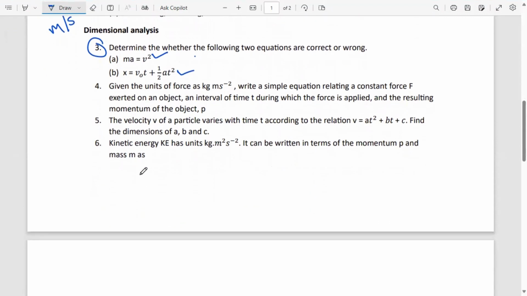Okay, so question 4 is saying, given the units of force as kg meter per second squared, write a simple equation relating a constant force F exerted on an object, an interval of time t during which the force is applied, and the resulting momentum of the object P.